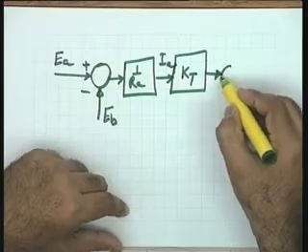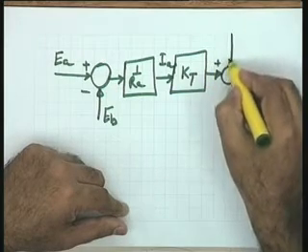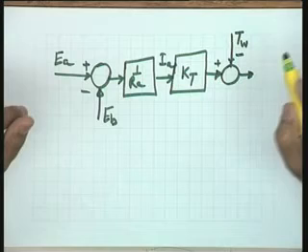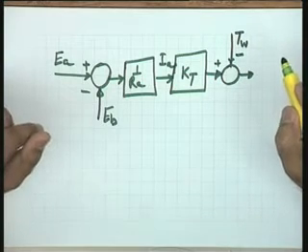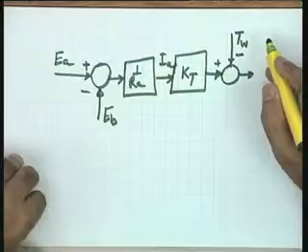Tw may oppose or help, I do not know, but the net torque is the algebraic sum of Tm and Tw. So, in that particular case I can use a summing point here. I can say that plus, and here it is Tw minus. So, the net torque available for driving the inertia is Tm minus Tw. I hope it's okay.